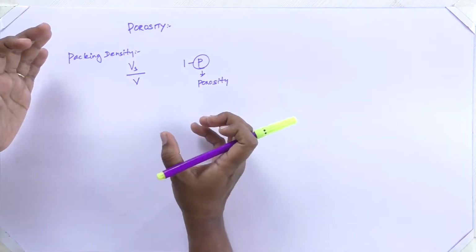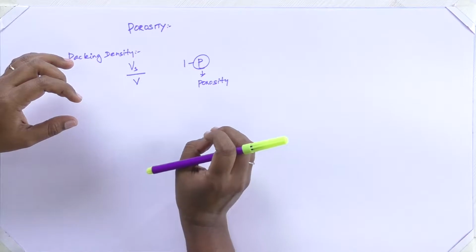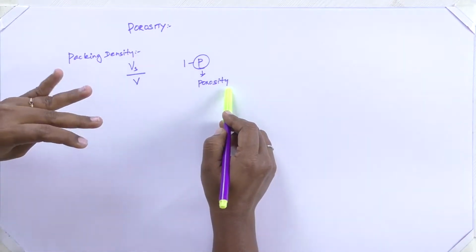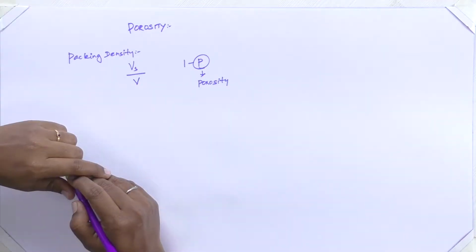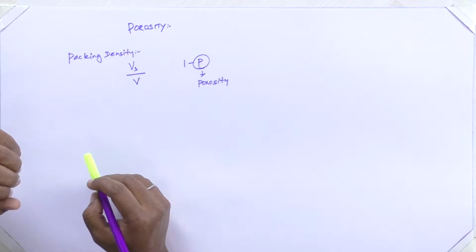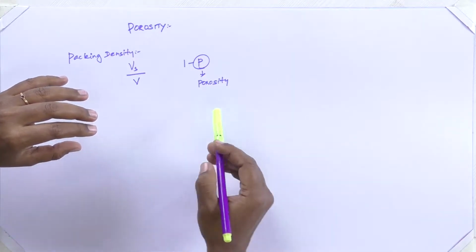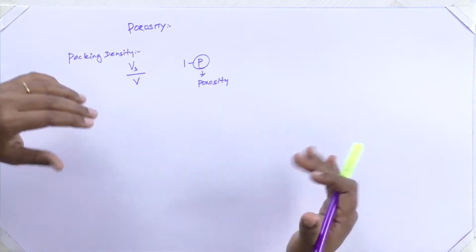How the aggregates are packed to ensure a minimum amount of void content or porosity should be the main aim. For that, let's see a small example of how this porosity changes when the aggregates are packed in a different manner.